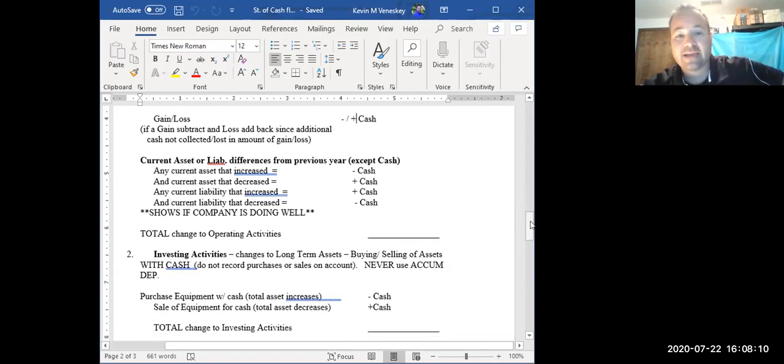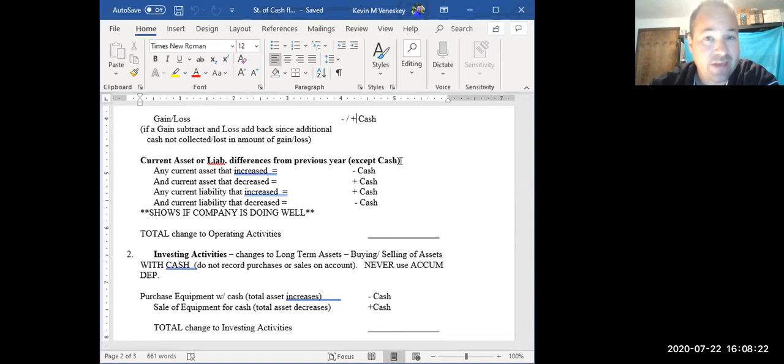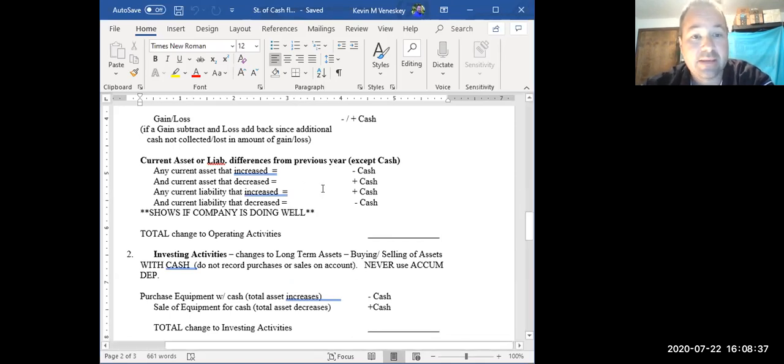And then we're going to go to our balance sheet and look at all the current assets, excluding cash, because this is the statement of cash flows, and we're going to do cash at the very end. We're going to look at all the other current assets: accounts receivable, prepaids, and inventory. Those are the three big ones we're going to be looking at for current assets.